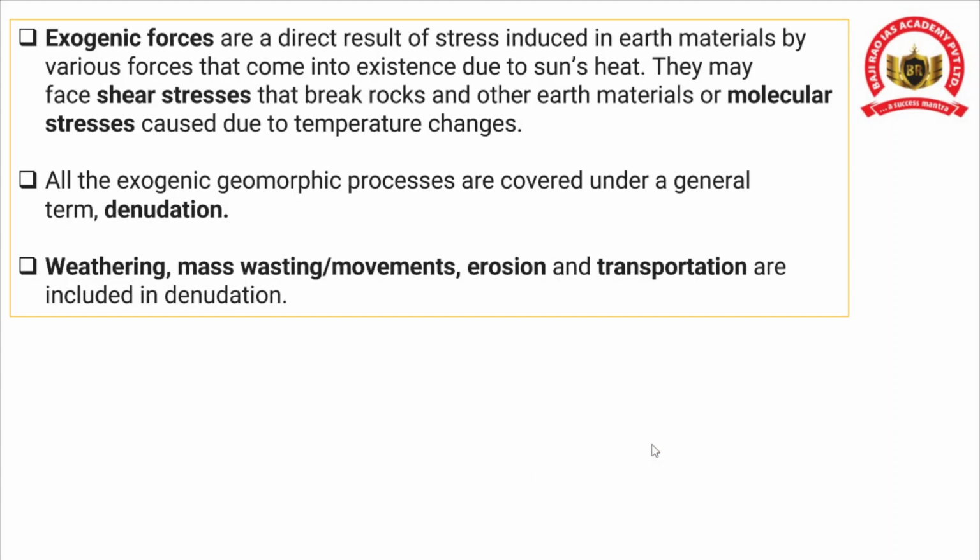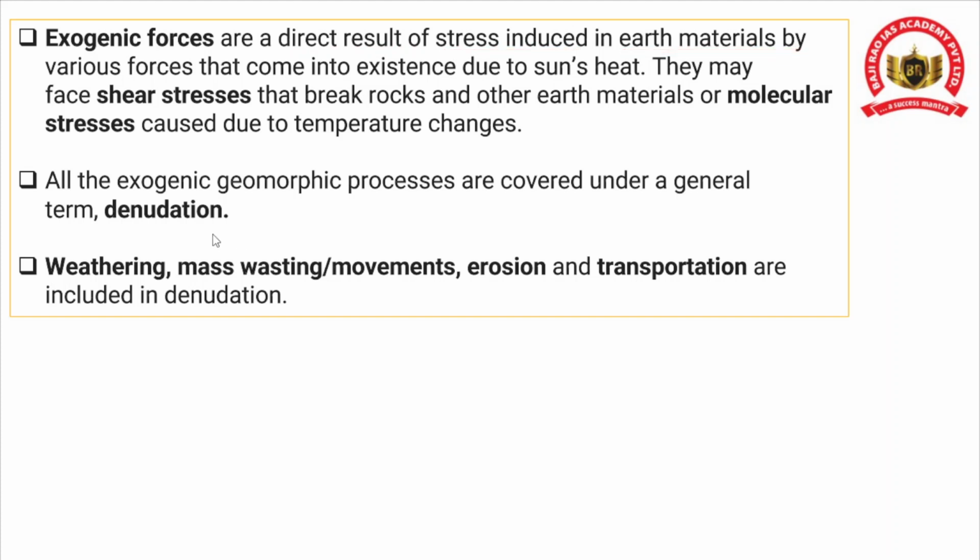Now, after that, we should also talk about the exogenic forces. What are these exogenic forces? I have already told you that these exogenic forces take place on the surface of the earth, on the outer part of the crust, but not within the earth. These exogenic forces are a direct result of stress induced in the earth materials.